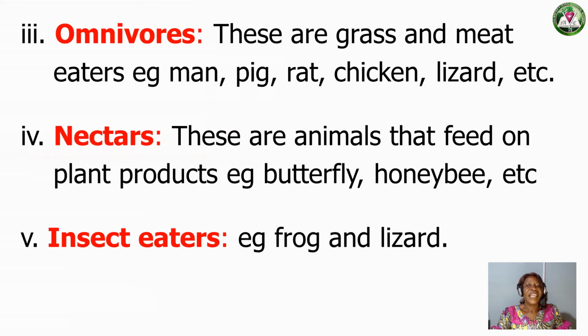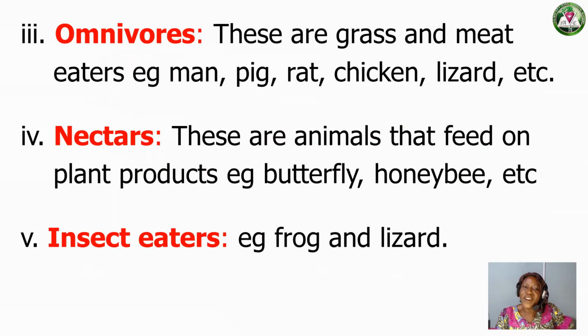Now we have the ones that feed on plant products. They are called nectar feeders. Examples of such are butterfly and honeybee.